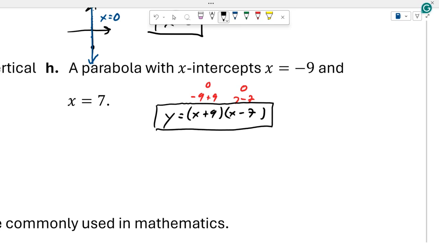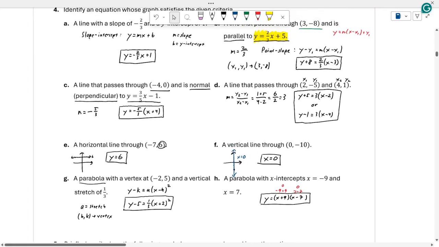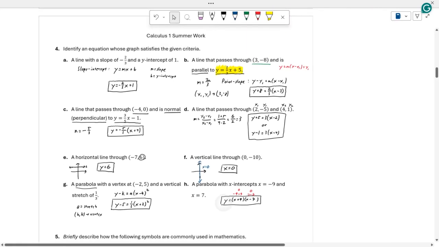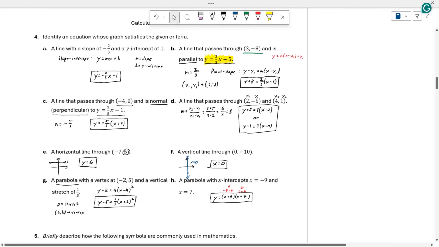It's a little vague because you could have a vertical stretch here, an a, but the question didn't indicate what our vertical stretch is, so I'm just going to leave it like that. That's good enough for now. So I'll zoom out here so we can see everything. But that is question number 4.